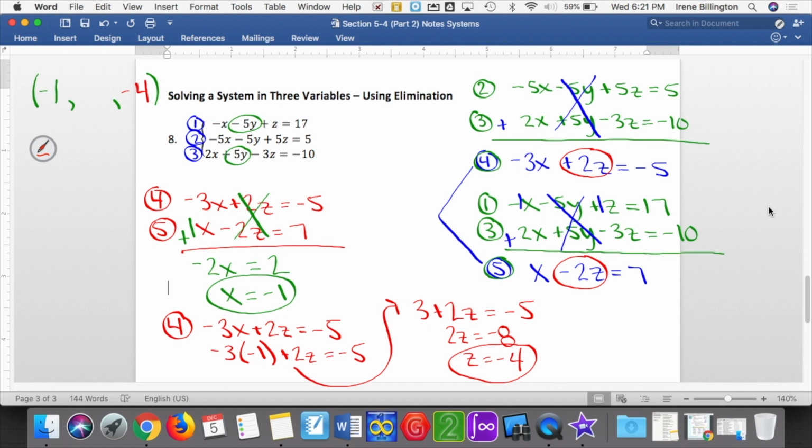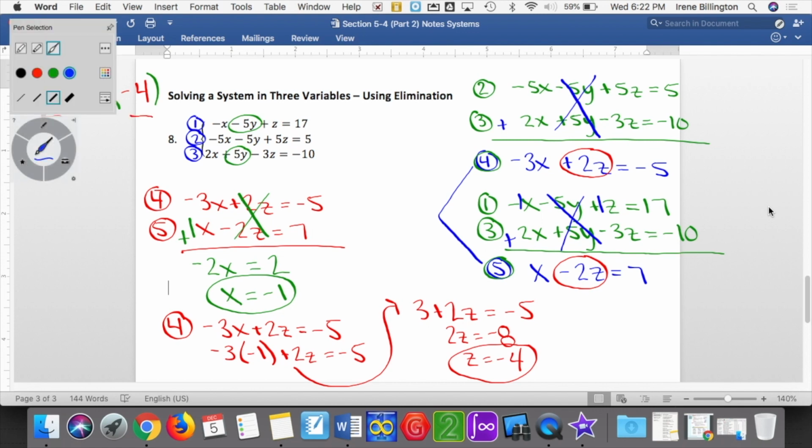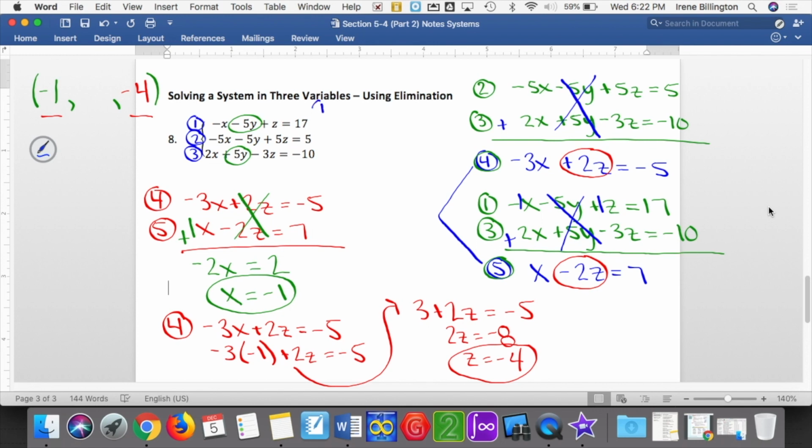The last thing we need to find is y. Now, y only exists in the equations 1, 2, and 3. So you're going to pick equation 1, 2, or 3. It does not matter which equation you pick. And you're going to substitute your known values for x and z. I am going to use equation 1. So again, equation 1 was negative x minus 5y plus z equals 17. x was negative 1, so the opposite of negative 1, minus 5y, plus z, which is negative 4, so minus 4 equals 17.